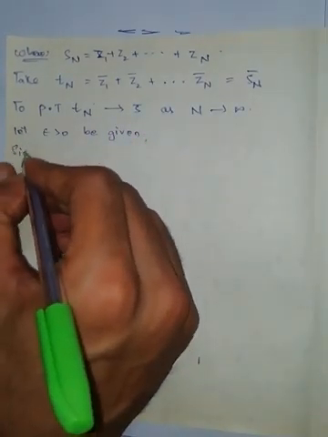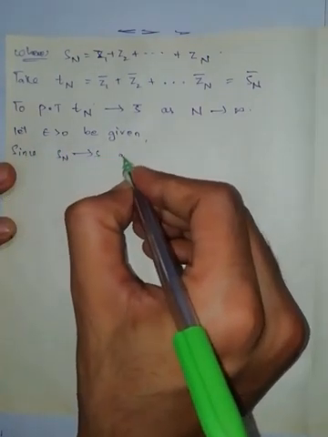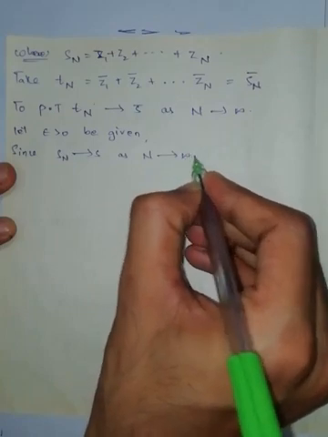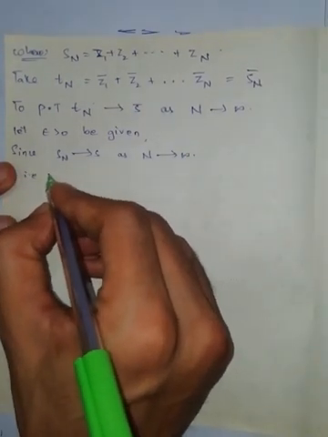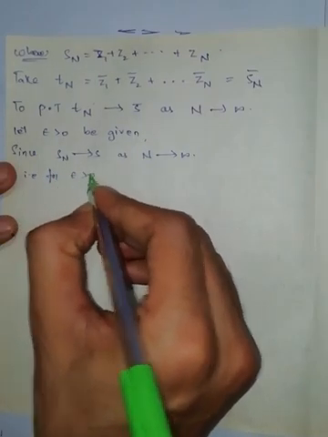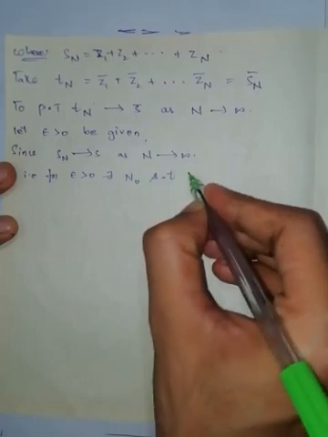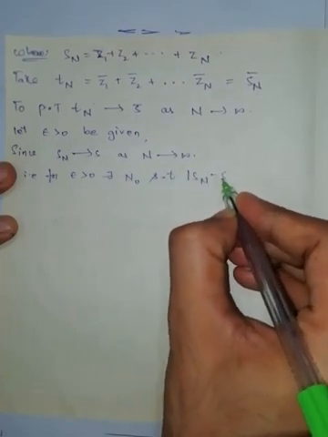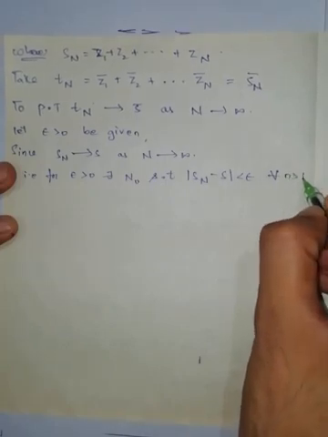Since Sn converges to S as n tends to infinity, from the starting of the proof we have written, that is, for epsilon greater than 0 there exists n naught such that modulus of Sn minus S is less than epsilon for all n greater than n naught.